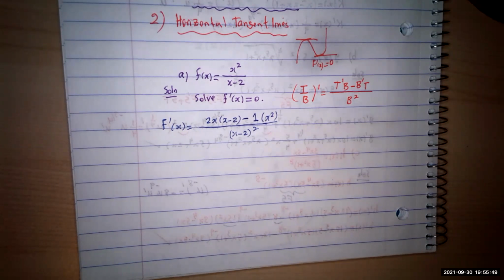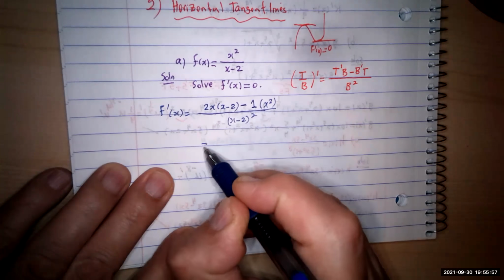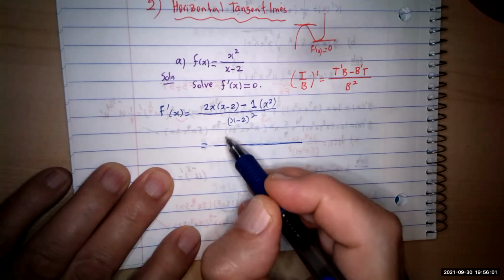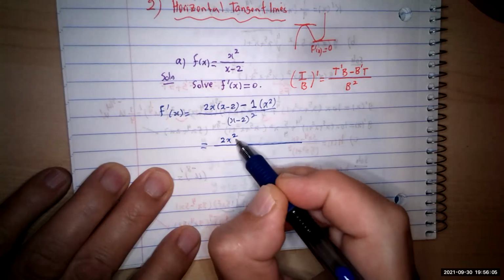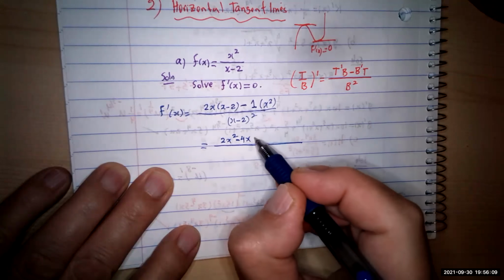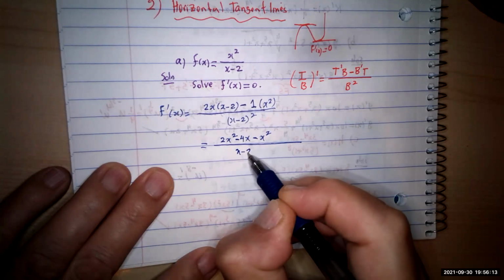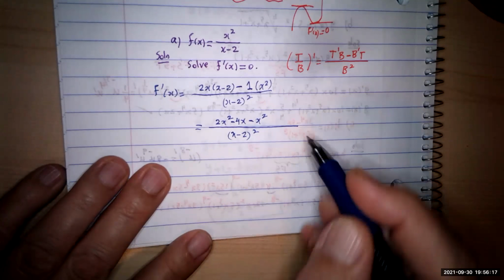Now you have to distribute the top and do the algebra. Sometimes you may have to use the FOIL method to simplify it. So we're going to continue on the top. You distribute this one, 2x times x would be 2x squared, and 2x times negative 2 gives negative 4x. And over here is 1 times x squared, negative x squared, over x minus 2 all squared. Continue, combine the like terms on the top.